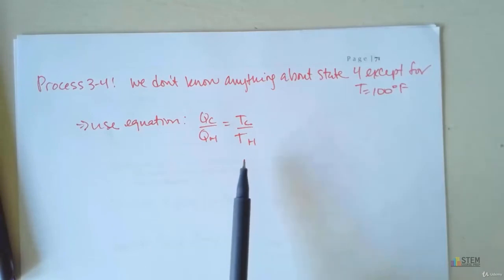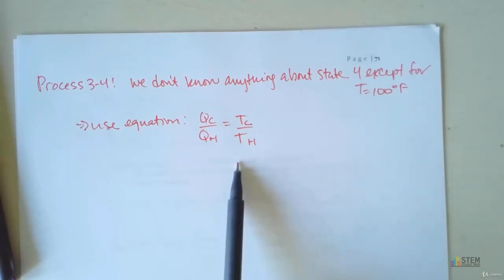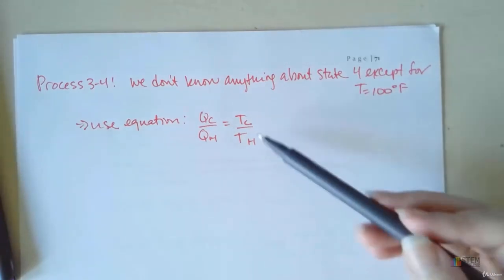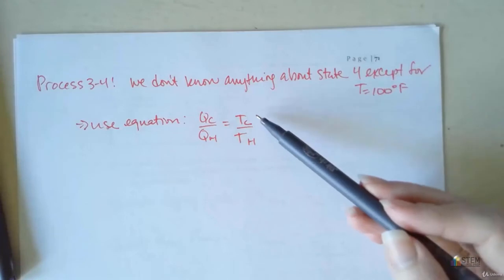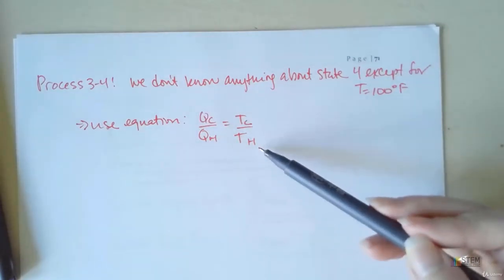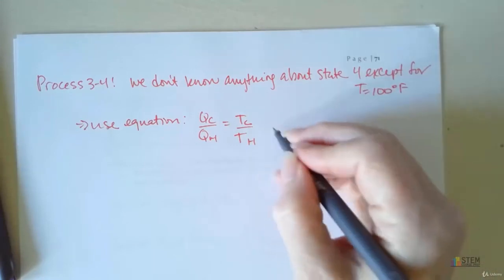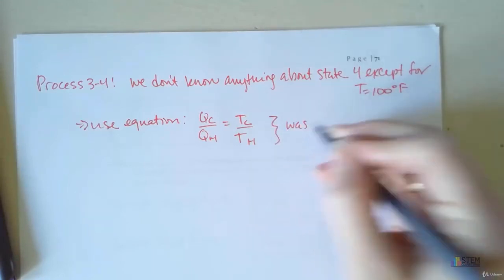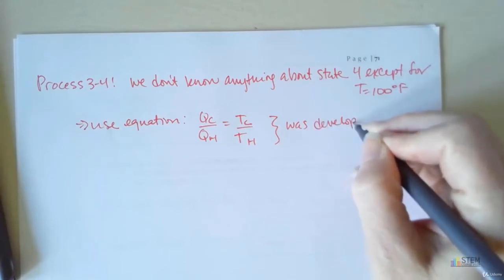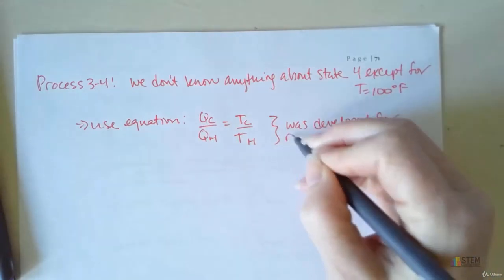Now, the Carnot cycle is a reversible cycle. Remember, this is kind of like a theoretical best case scenario type thing. So since the Carnot cycle is reversible and this equation here was for reversible cycles, we can use this relationship. And let's make a note about that. We'll just put was developed for reversible cycles.